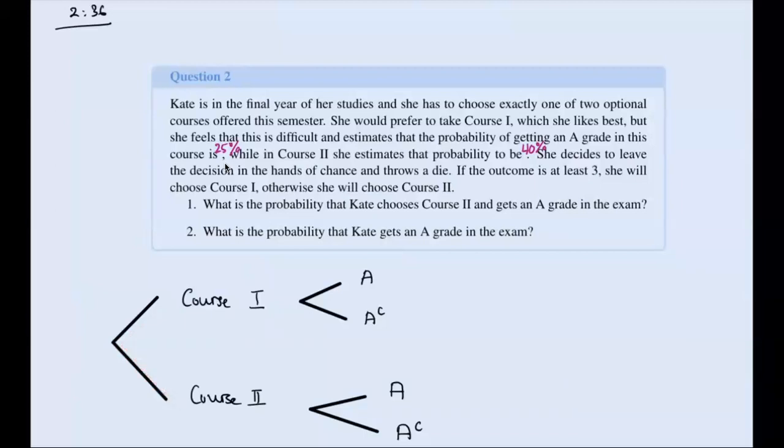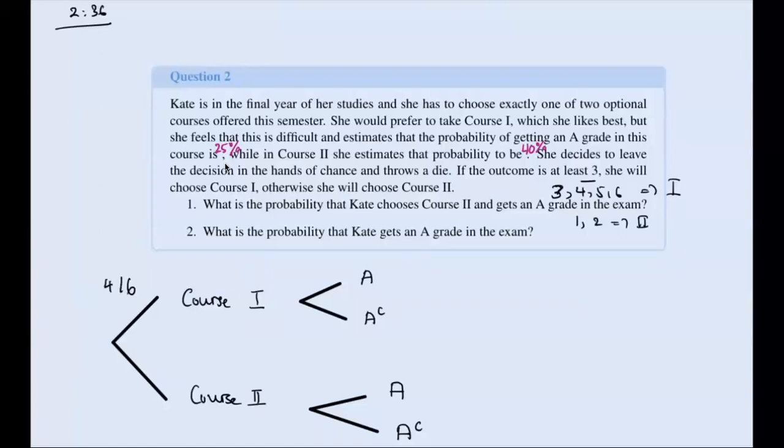They say that she decides to leave the decision to throwing a dice, and if the outcome is at least 3, which means it is 3, 4, 5, or 6, then she takes course 1. If it is 1 or 2, then she takes course 2. I see a student answer here. C1 is 4/6. Yes, that's correct.